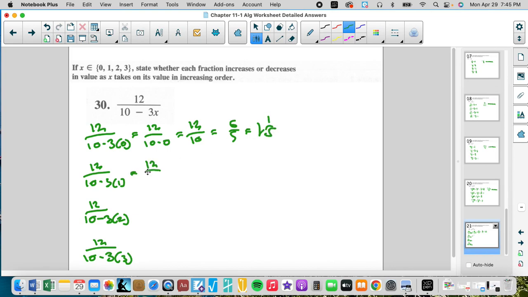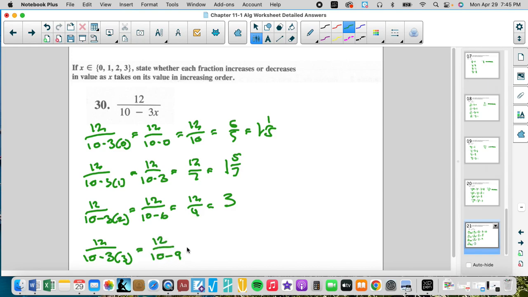This is 12 over 10 minus 3, which is 12/7, which equals 1 5/7. This is going to be 12 over 10 minus 6, which is 12/4, which equals 3. And this is 12 over 10 minus 9, which is 12/1, which is 12. So that is increasing. 12 over 10 minus 3x is increasing.